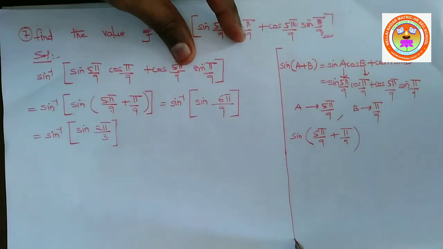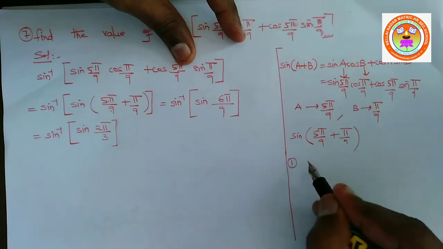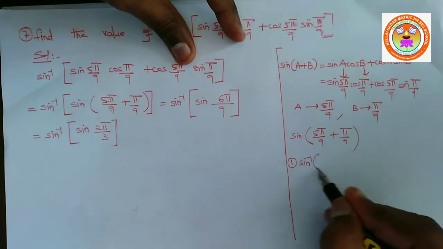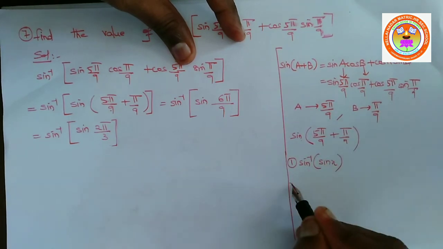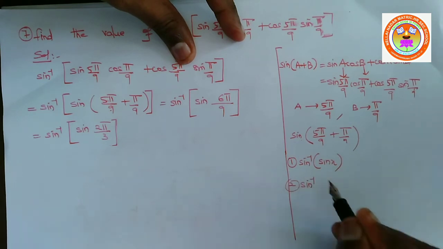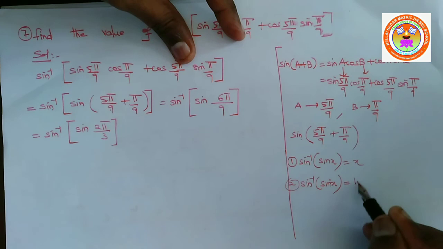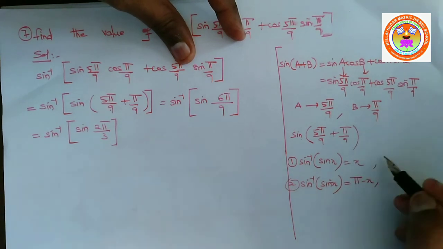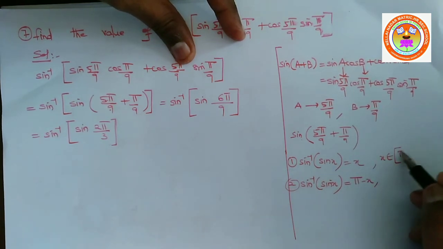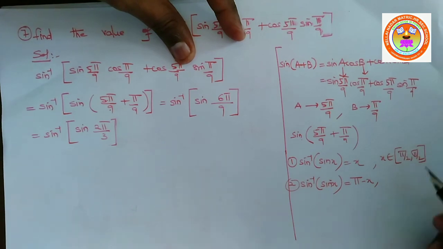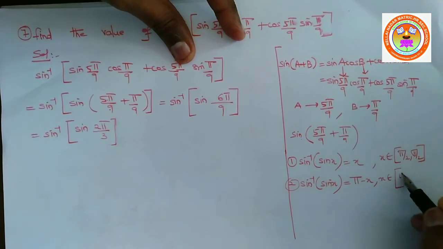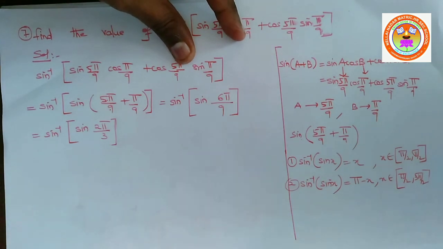We have a property: sin inverse of sin x is equal to x, and the second property is sin inverse of sin x is equal to pi minus x, with the condition that x belongs to (pi by 2, 3 pi by 2). So we need to apply this condition.